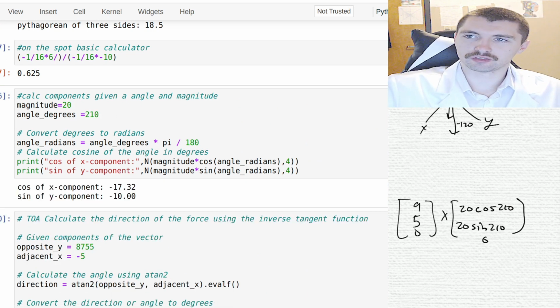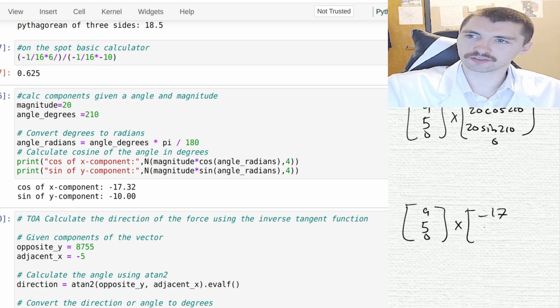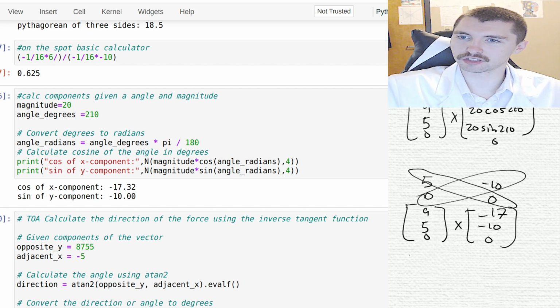So we have 9, 5, 0 cross negative 17, negative 10. We put these on top, with 0, 0, moving this row up here, and then 5, negative 10. Now we can cross, and this will keep our ijk dimensions. We'll have 0i plus 0j.